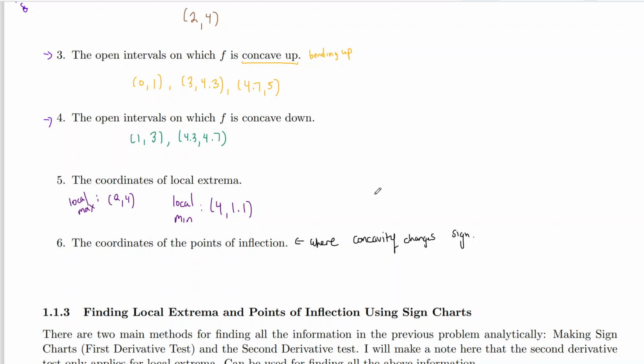It doesn't matter if it goes from plus to minus or minus to plus, as long as f prime prime of x changes sign at that point. Based on our graph, that just means if we go from concave up to concave down or concave down to concave up, that is a point of inflection.